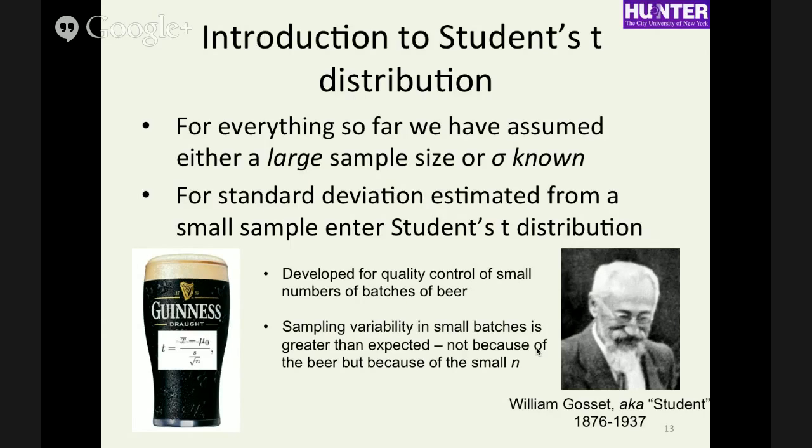And it was important for beer, I imagine, because they would first make small batches to test out some process and want to know. So suppose we measure the alcohol content of these 5 small batches of beer, we want to know if it's changed from the usual that Guinness is supposed to be.